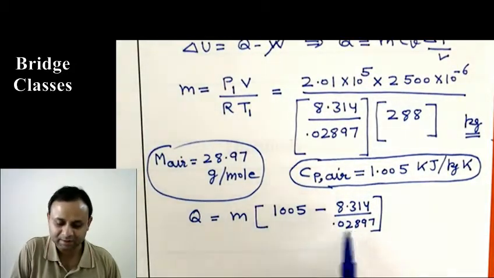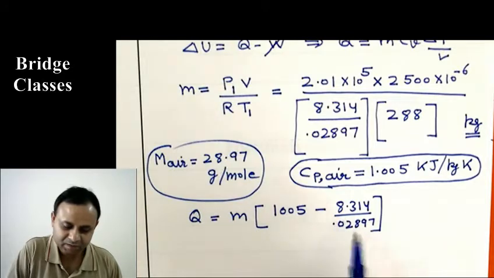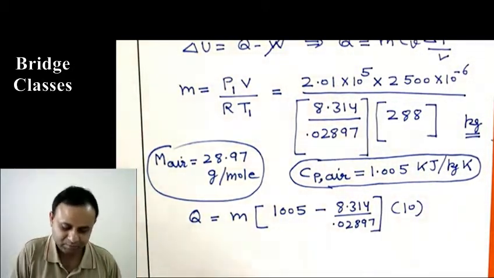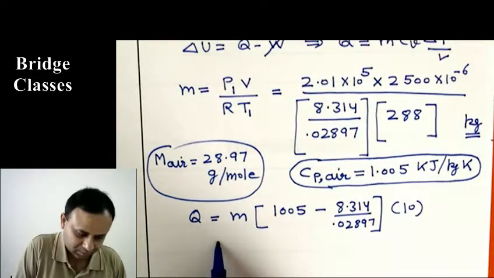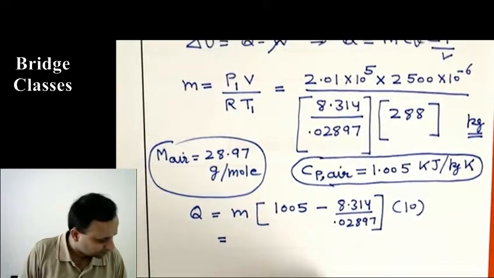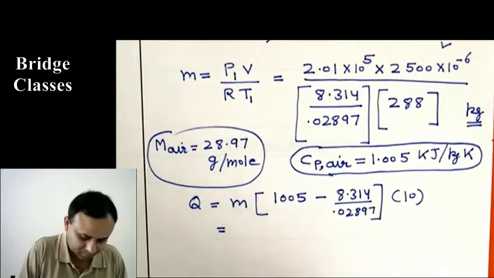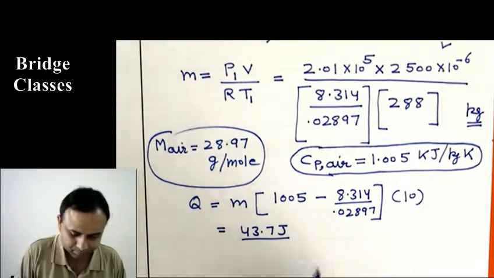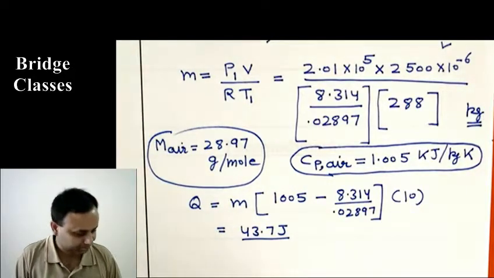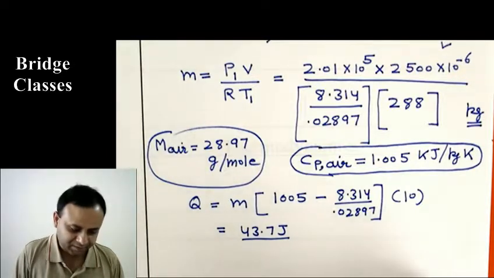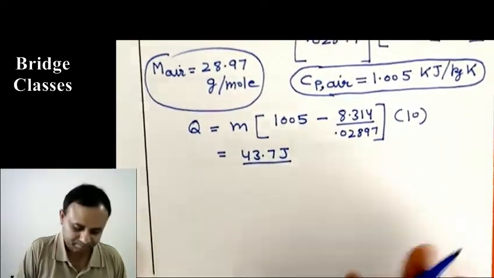So m Cv, and the change in temperature was 15 minus 5, that is 10. So you get the answer here: Q is 43.7 joule.